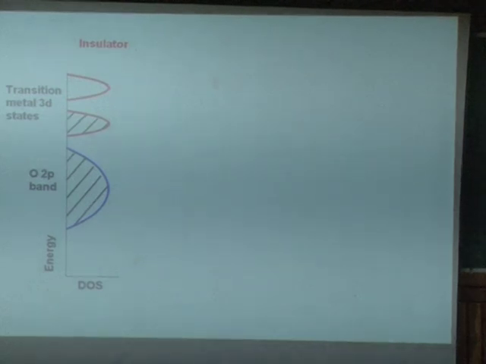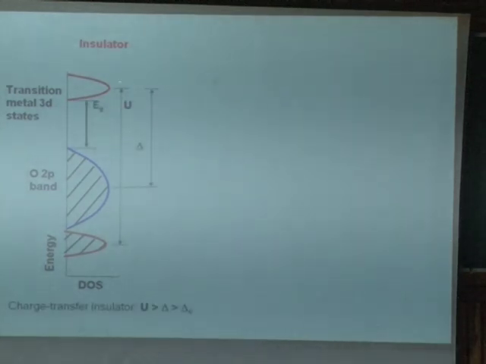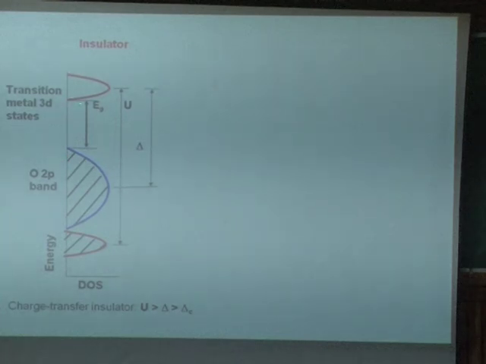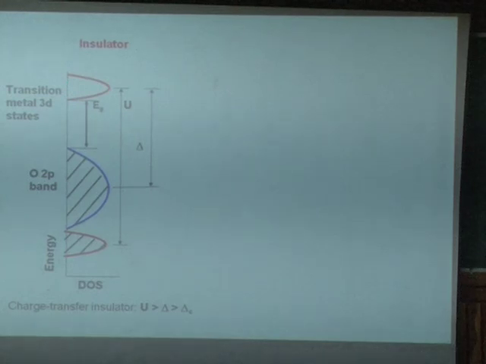But I may have a different situation. Earlier, in this case, delta is larger than U. But I can have U larger than delta. If U happens to be larger than delta, you can see now that U is this much and delta is that much. Immediately you can see that oxygen has a very important role to play, because now the conduction gap is measured not from D level to D level, but oxygen P to D. That means for conduction, the lowest energy excitation required takes an oxygen electron and puts it into the transition metal D level.